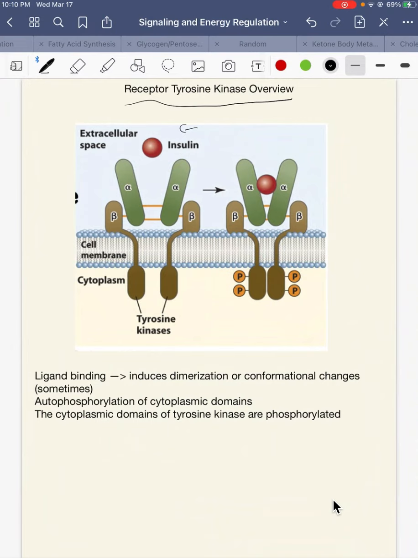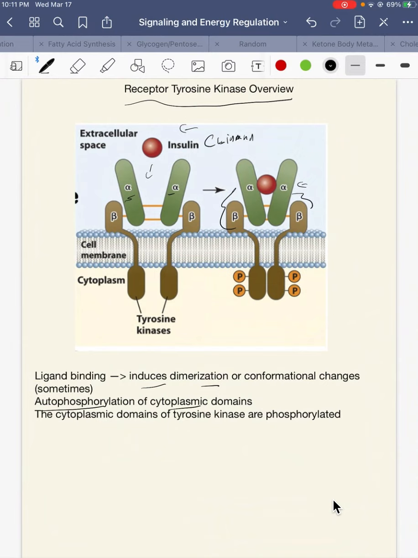A lot of molecules can use the receptor tyrosine kinase, but insulin is usually the example that is taught when we learn about the receptor tyrosine kinase. So insulin is your ligand. Once it finds the receptors, it will bind to these two alpha subunits. This induces dimerization in this subunit and this subunit. So each subunit has an alpha and a beta. Once it dimerizes, it autophosphorylates itself on cytoplasmic domains.